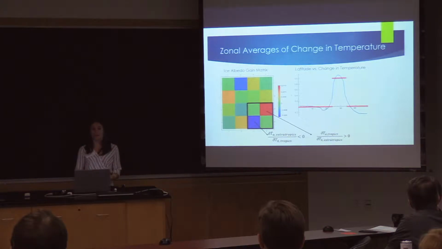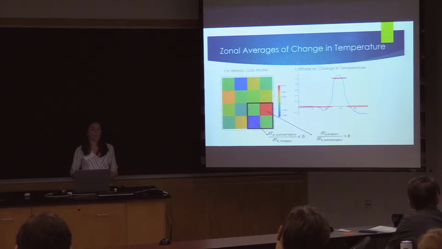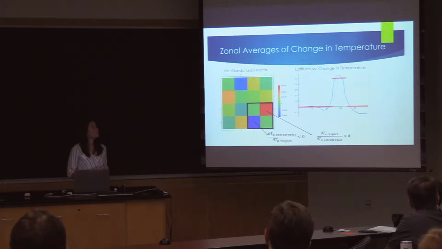To study why this is the case, we found a specific forcing to implement where the average change in temperature would be 0 everywhere except in the third box, or the northern tropics. This red line is the average change in temperature in the zones, and the blue line is the actual change in temperature for all 48 boxes.